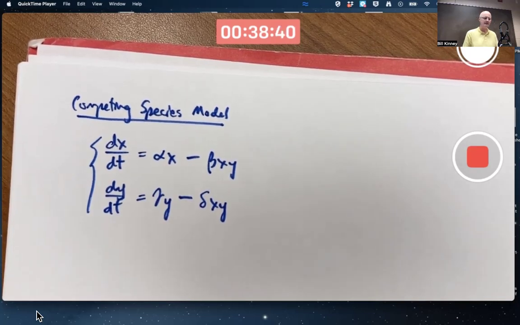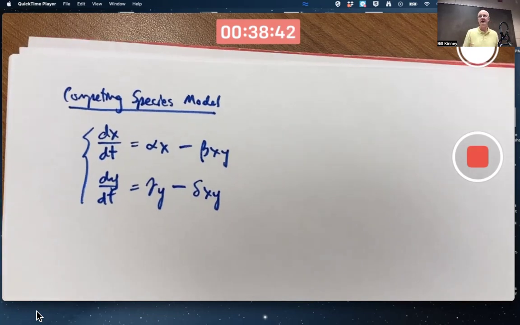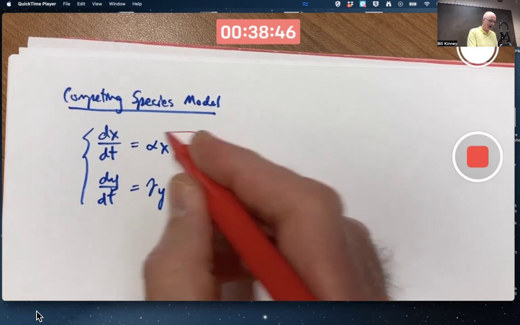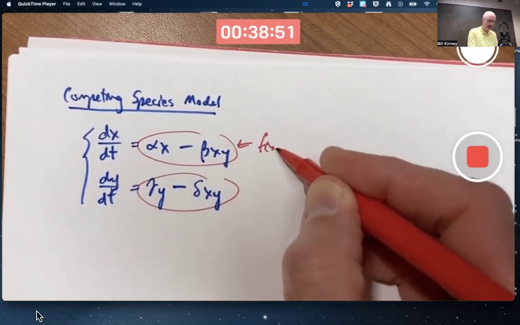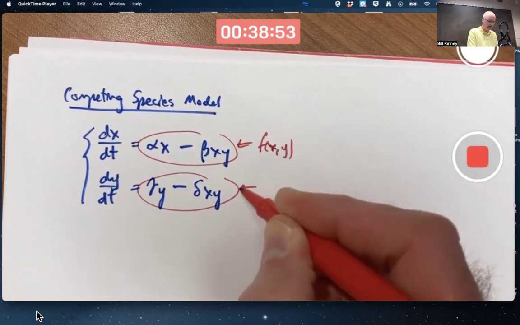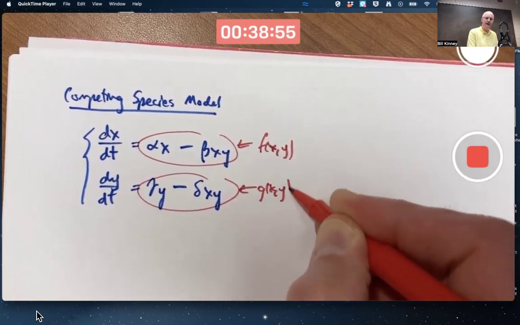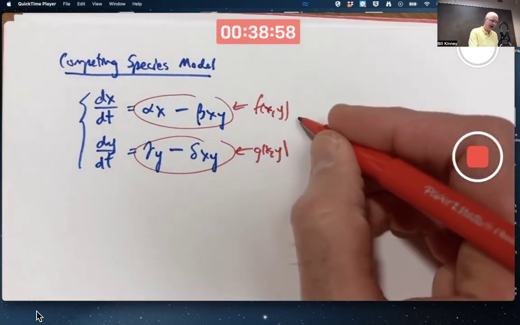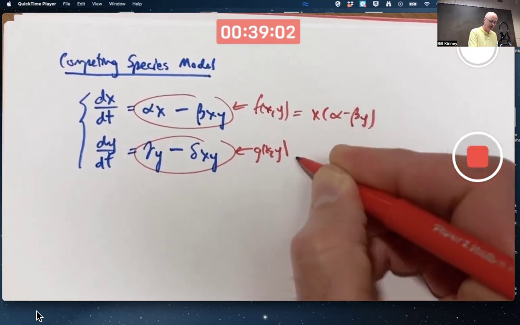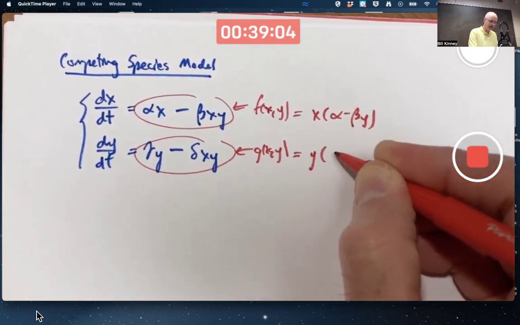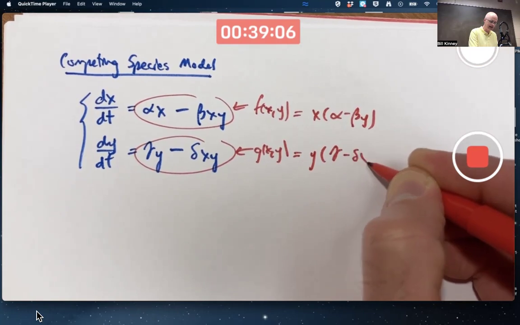How does that affect things? It does not change the equilibrium points. They end up being the same. I will once again give these functions names, call this f of x,y and g of x,y. I can factor f(x,y) as x times (alpha minus beta y) and factor g(x,y) as y times (gamma minus delta x).